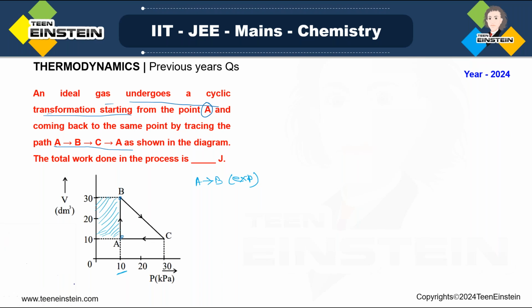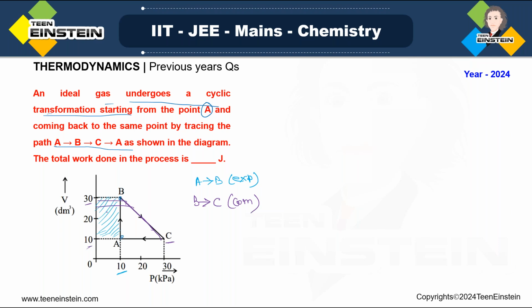Similarly, when you are moving from B to C, in this case, your volume is basically changing from 30 and it is ending at C, where the volume is 10, right? So it is basically compression. So under this condition, the area under this curve, that is under BC, just focus on this line.